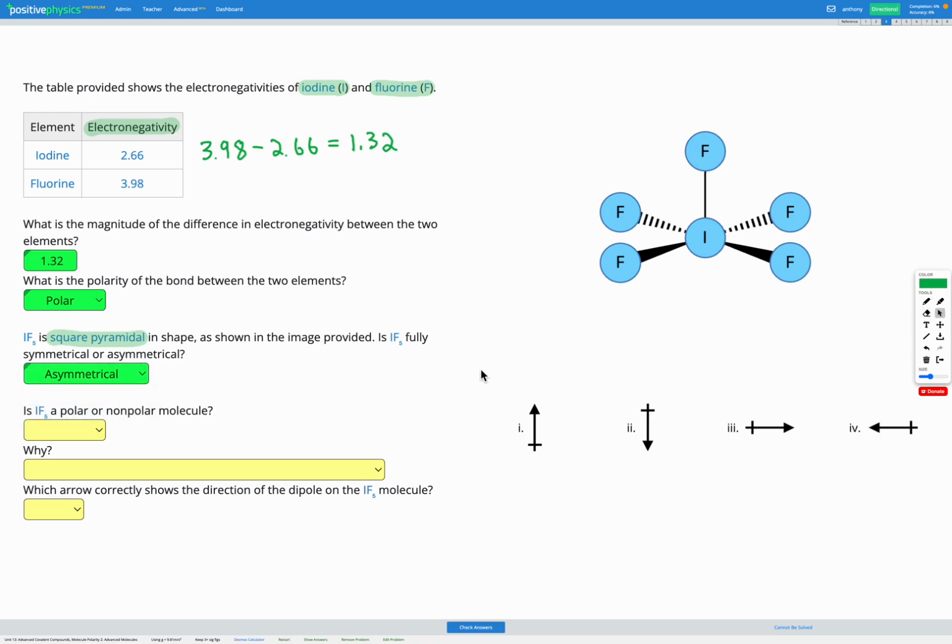Lastly, we need to figure out if this is a polar or non-polar molecule. So to do that, again, I'm going to draw on my polarity arrows for each of my bonds. Since fluorine is the more electronegative element, my arrows are going to point from iodine towards fluorine, like this. So there's one, there's another.